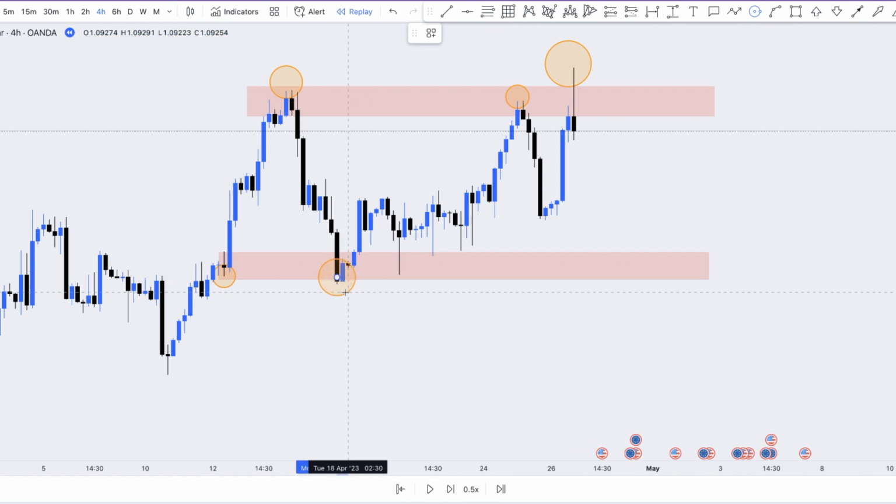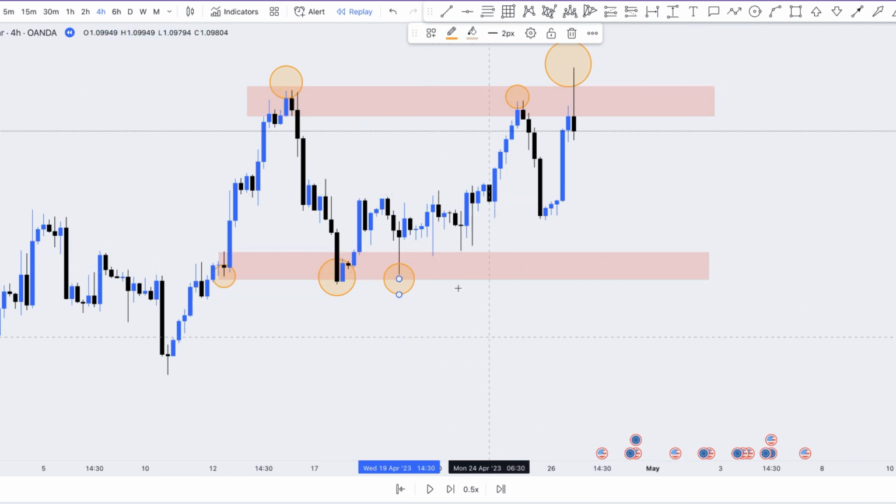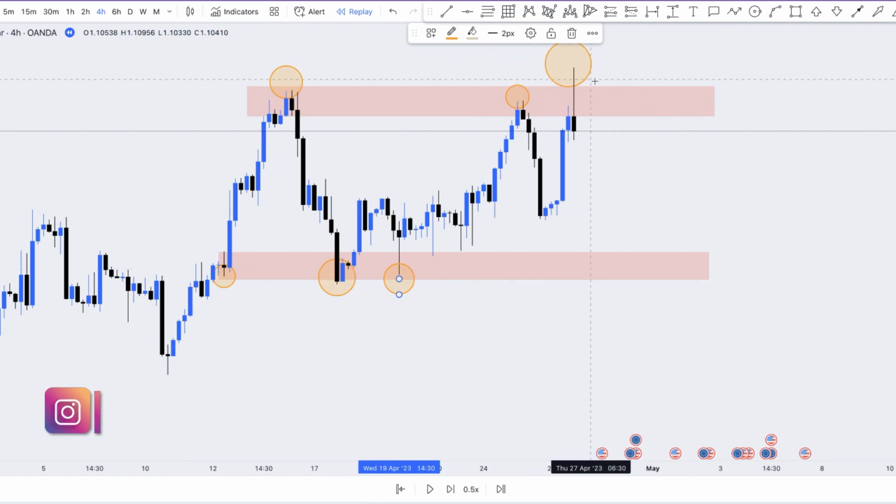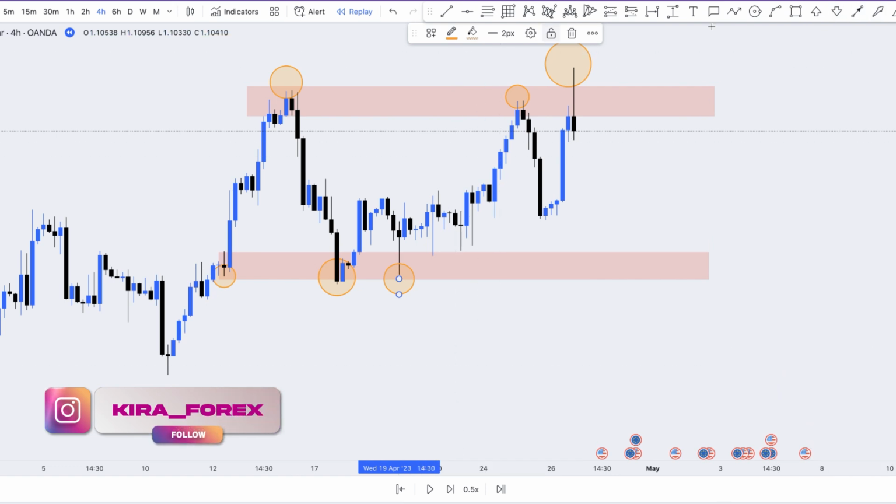Like I said, this is the first rule. We also had another rejection here. We have multiple, and you can see we have some rejections in between. So once I have seen this, I know this is my resistance level and this is my support level. So the probability that price will come back to the resistance level is very high.